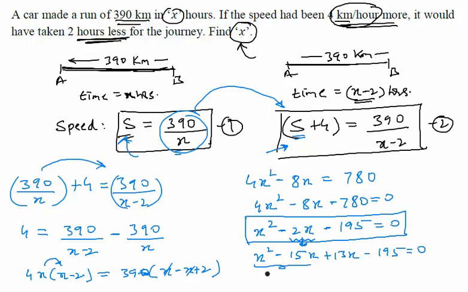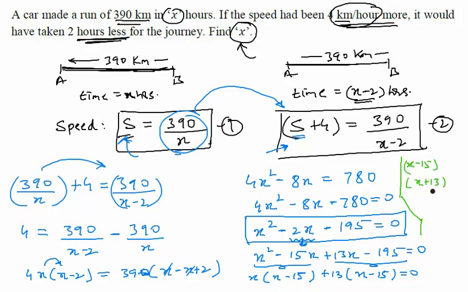Let us take x common from the first two. We will get x into x minus 15, and when we take 13 common from the next two, we will get 13 into again x minus 15 equal to 0, right? Which on further simplification should give us x minus 15 into x plus 13 equal to 0.